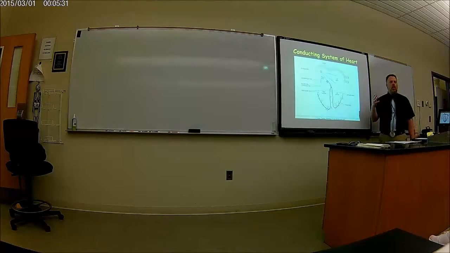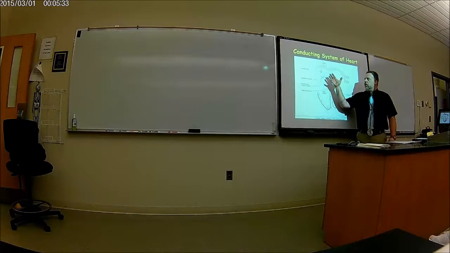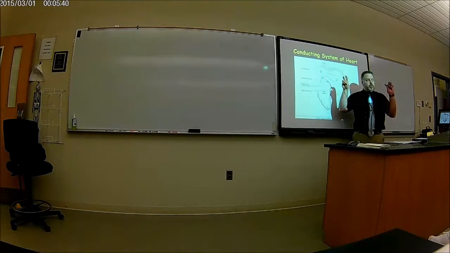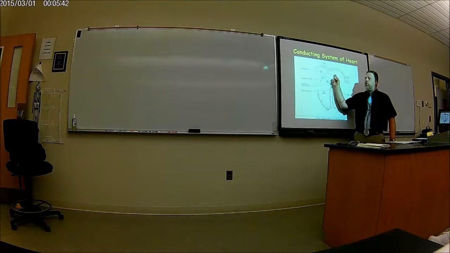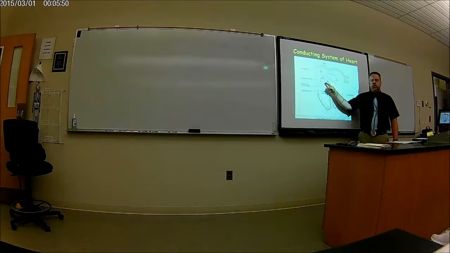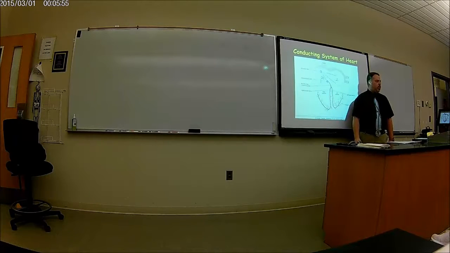The conduction of the heart starts with the SA node. The SA node fires, and then it gives the action potential to both atria. So the right atrium gets it first and then it spreads very quickly to the left atrium. As it spreads throughout the right atrium, it then sends its electricity to the AV node, which is also in the right atrium.